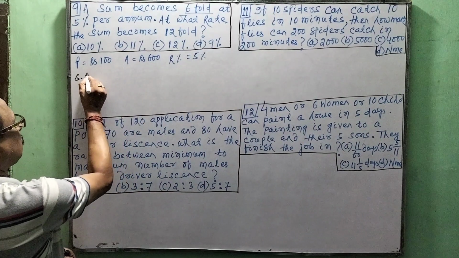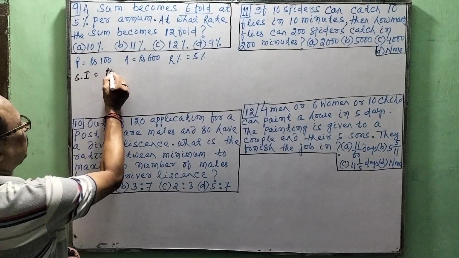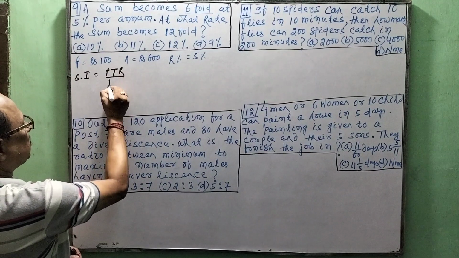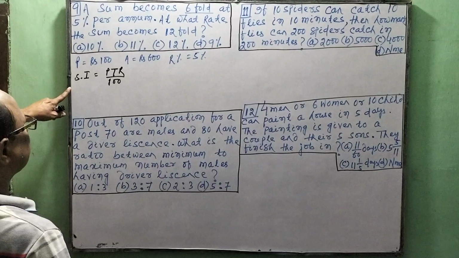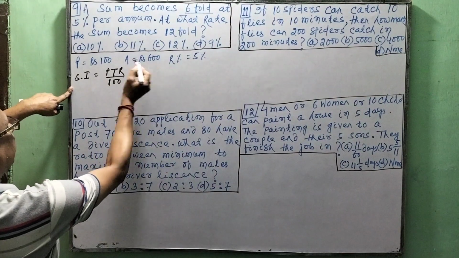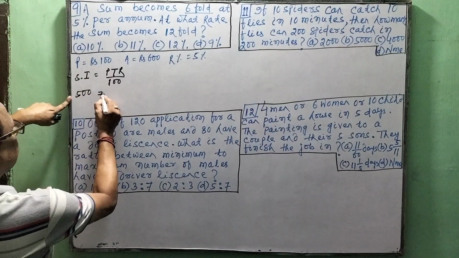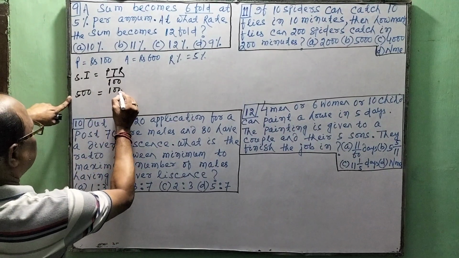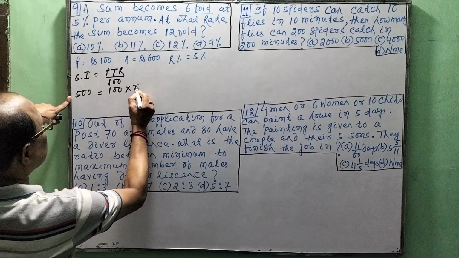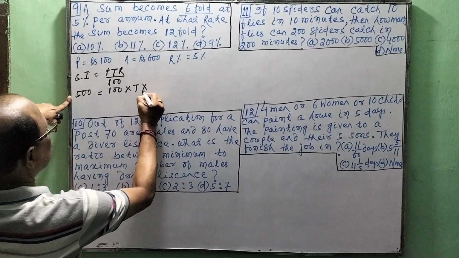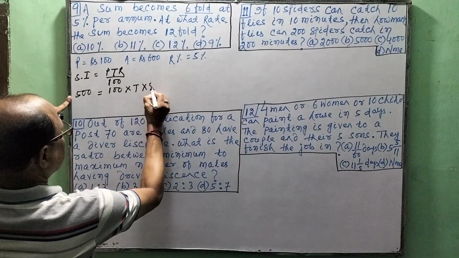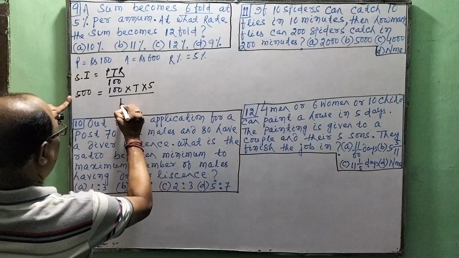SI is equal to PTR by 100, right? You know it. So where is SI? SI is amount minus principal. So SI is 500 rupees, principal is 100 rupees, time is not given, R is 5%, by 100.